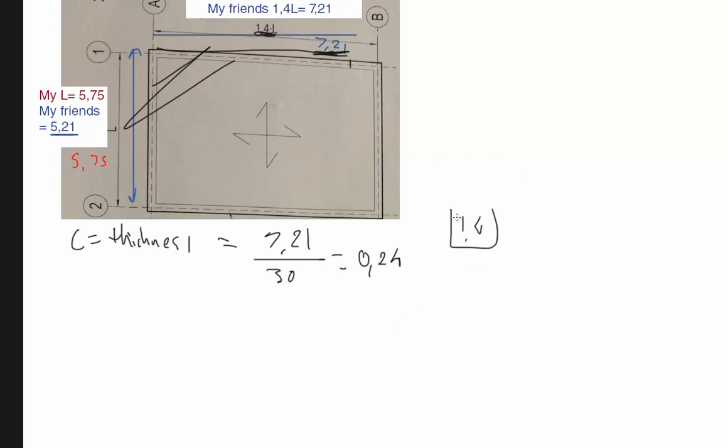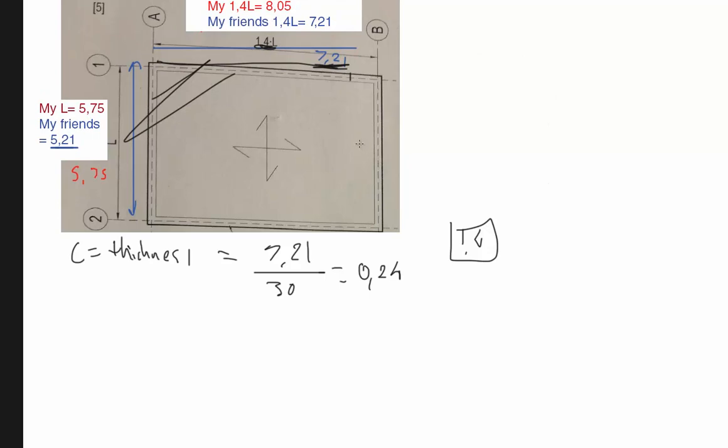This relationship is important because you need it for a table. One thing I remember is that in this table, it also depends on what kind of supports there are.